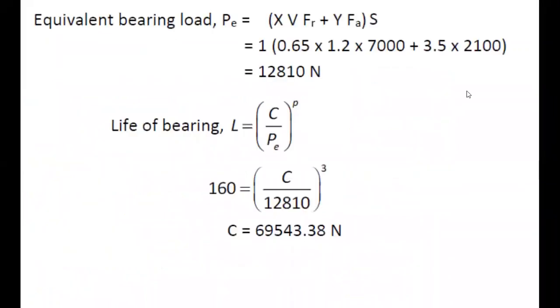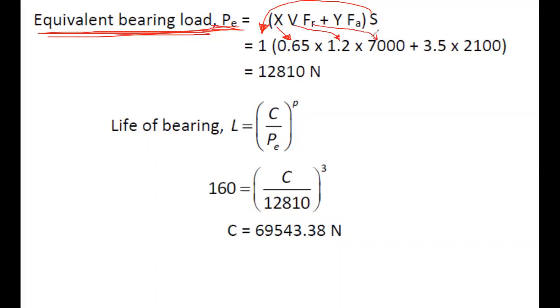Very quickly, let's start. We have to find equivalent dynamic load, PE, equivalent bearing load, equivalent dynamic load. It's one and the same thing. First let us take S. S is 1, since it is uniform and steady load. X, radial load factor, is given in the numerical as 0.65. Since they have told us outer race rotates, that's why we have taken V as 1.2.